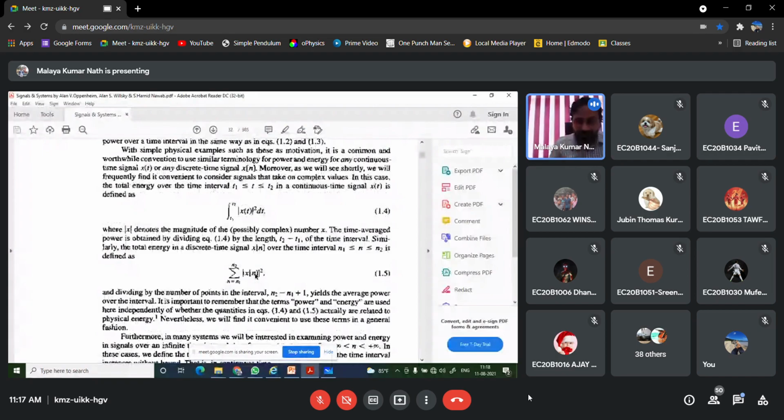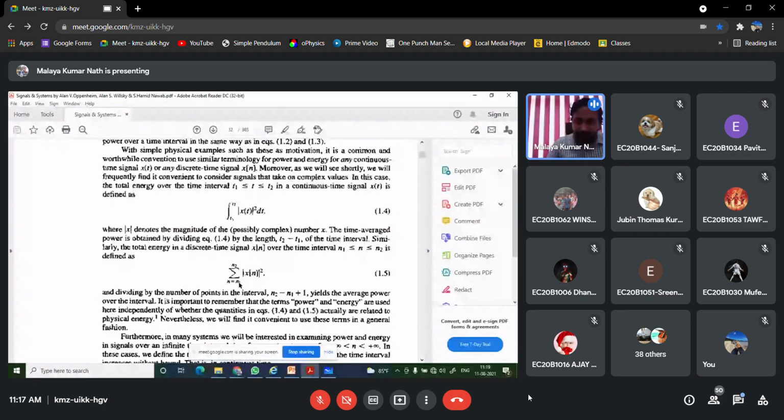When we are considering a discrete interval of time, instead of writing the integration from t1 to t2, I will write the summation from n1 to n2. That means the signal is present during the interval n1 to n2.